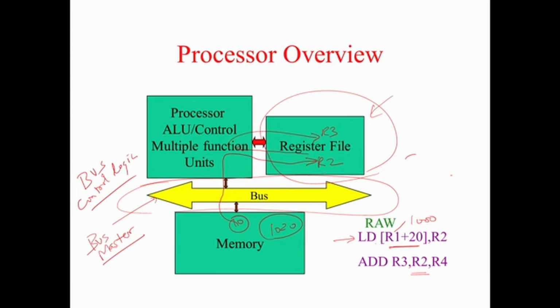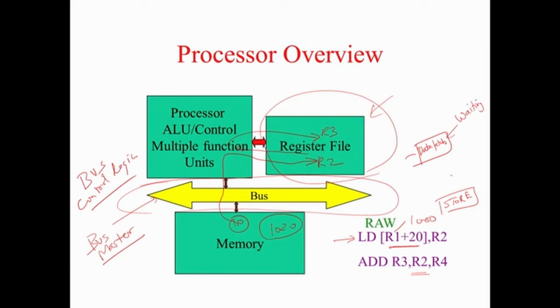When load is in the store result stage, when load is actually storing the result in R2, add will be waiting in where? In the data fetch stage, correct, because it needs the value of R2 to go and do the next step. So it has to wait.